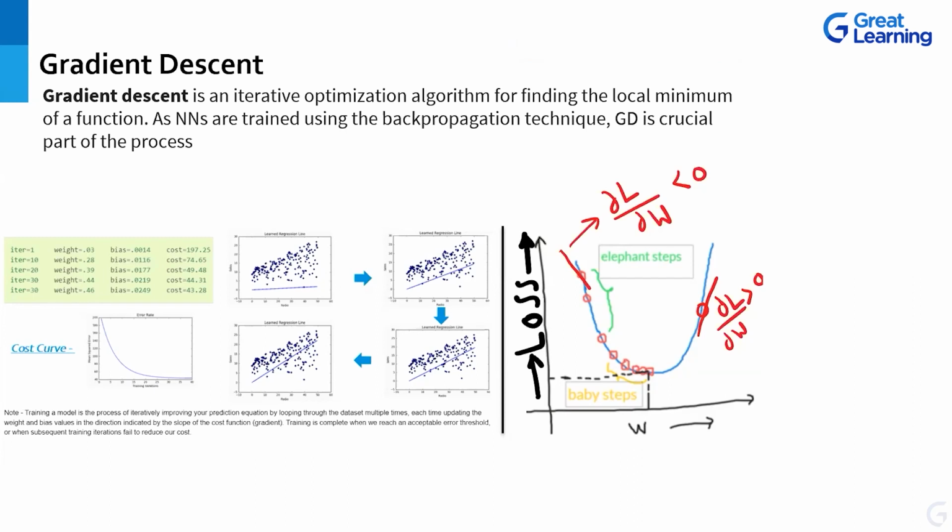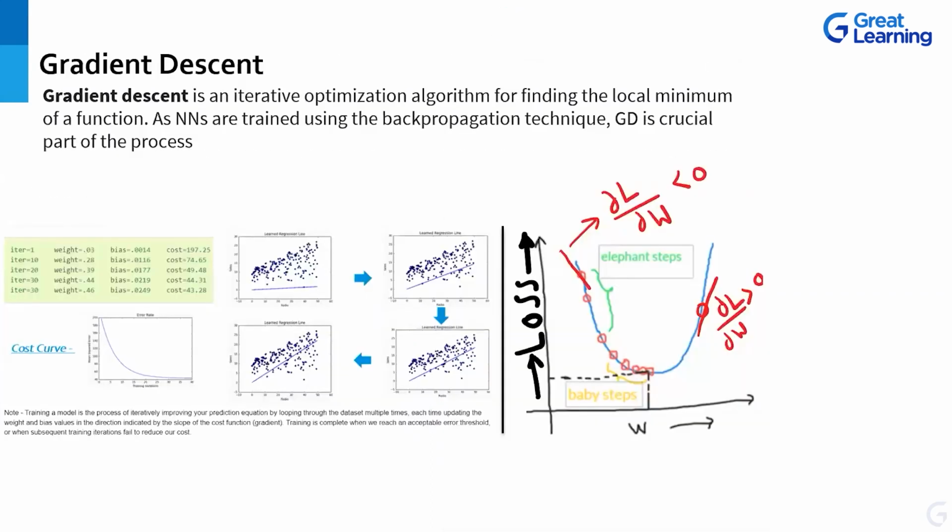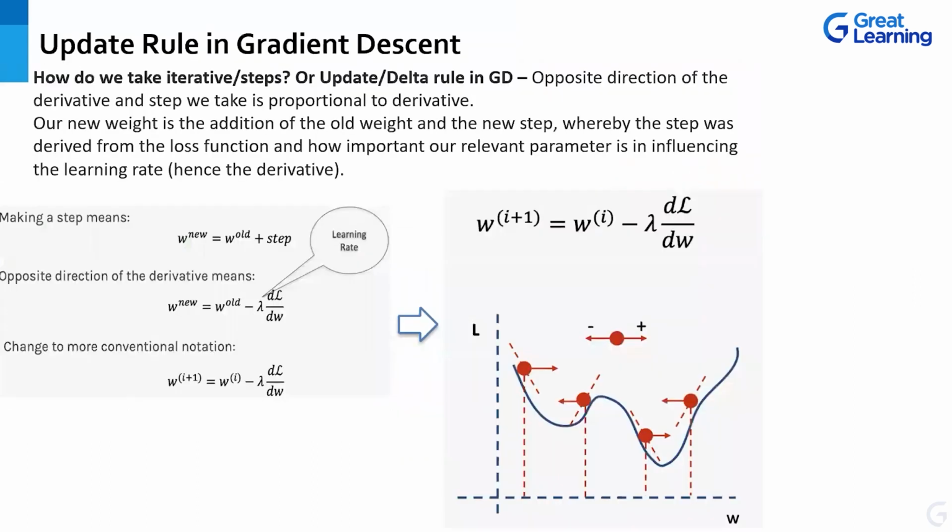Now, how much we should move, or what the magnitude of the movement should be, is also told by a rule that is proven mathematically. It's called the delta rule or update rule.